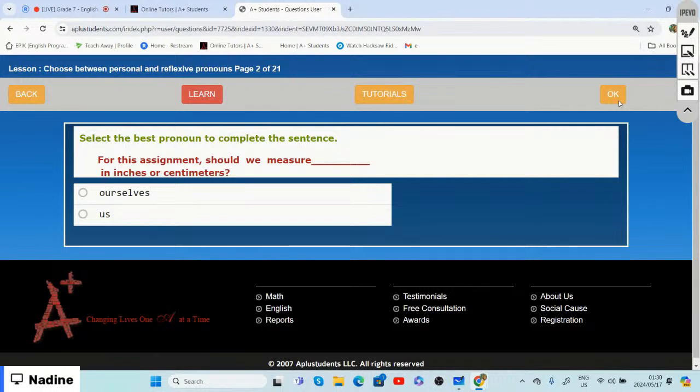For this assignment, should we measure ourselves in inches or centimeters, or should we measure us in inches or centimeters?